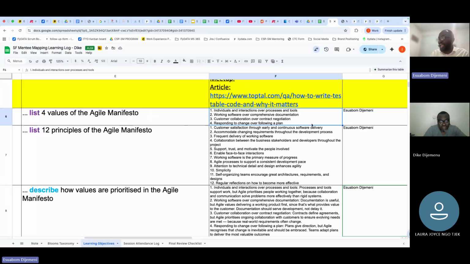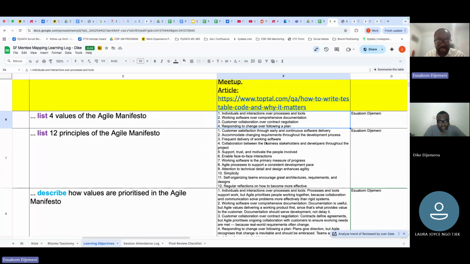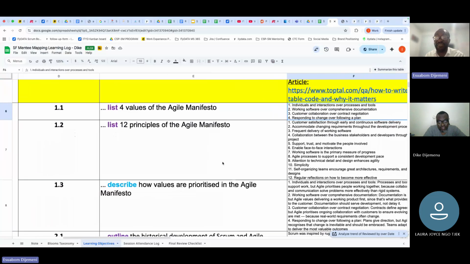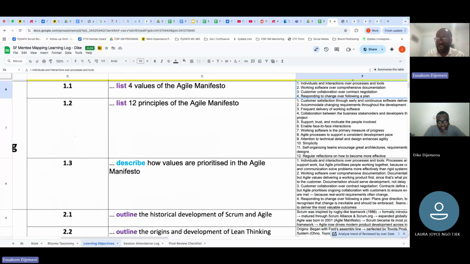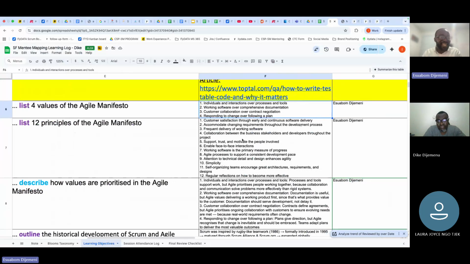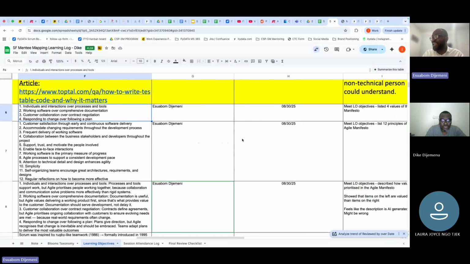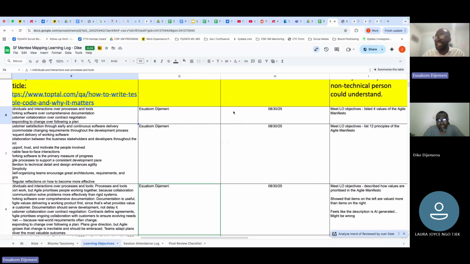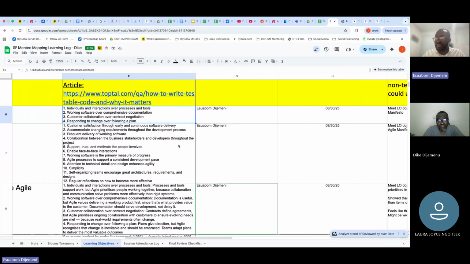Laura, just to give you context, all our participants get this Excel file with the learning objectives and the exercises that you fill in, and in these meetup sessions where we sync, we present it. Given the reviewer here, I looked at this and said yes, this met the learning objective. So let's do the next one.